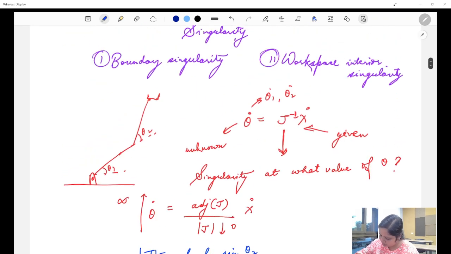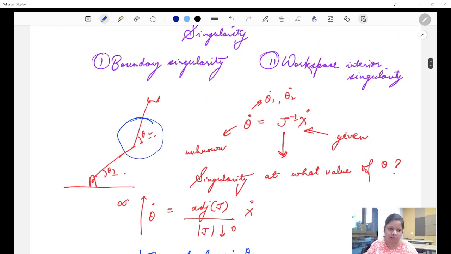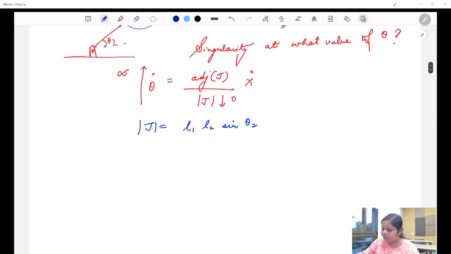And theta 2 was this angle. This is my theta 2 angle. For reaching the singularity condition, L1 and L2 cannot be 0, since both are finite values. So the only possibility is that sine theta 2 goes to 0.